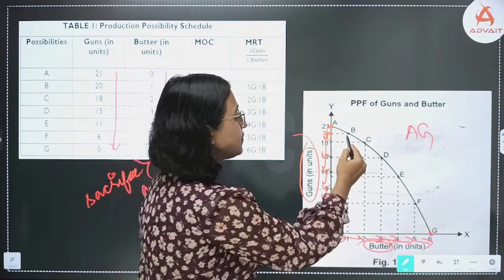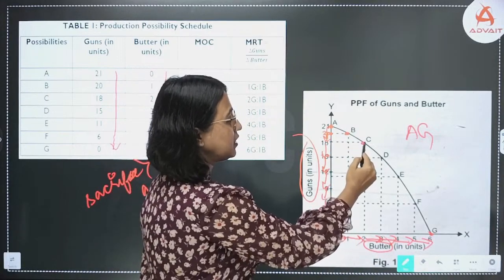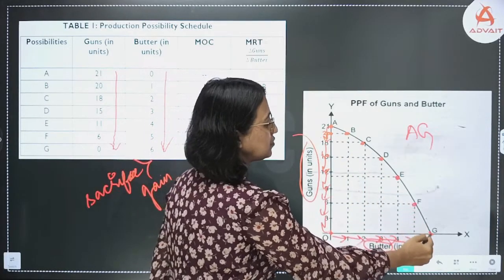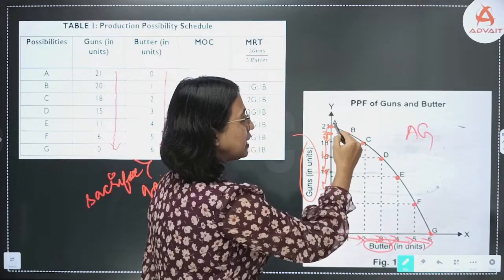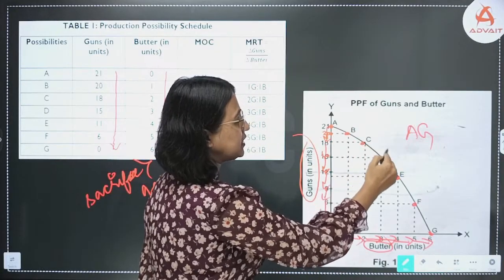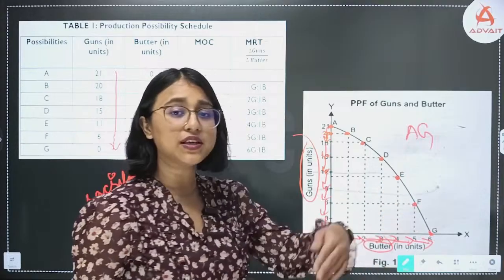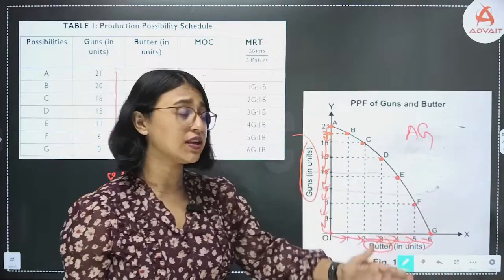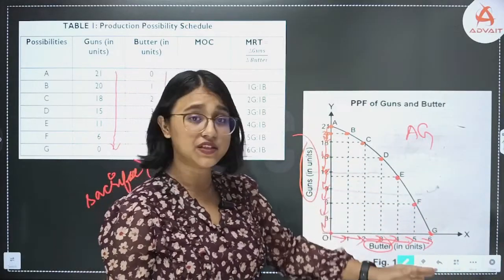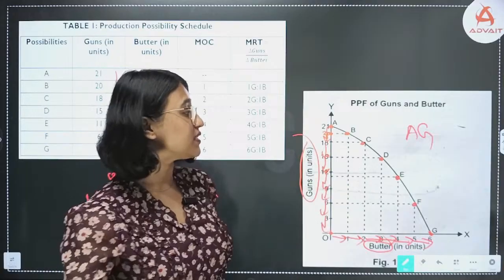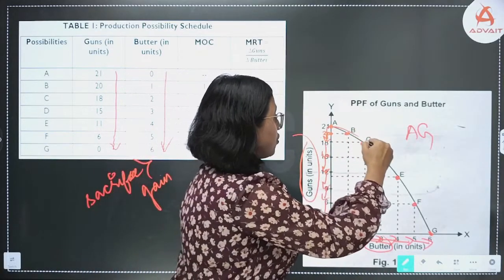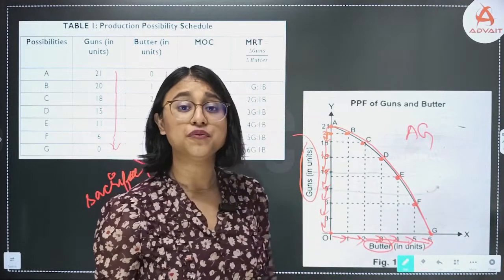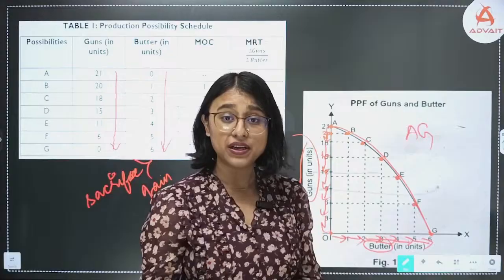And these various points of production of guns and butter helps us to arrive at various points like A, B, C, D, E, F, G. And A jun keta points ase, A points keta ami jodi join kori diu, we will get the production possibility frontier, which shows the various combination of duta goods.